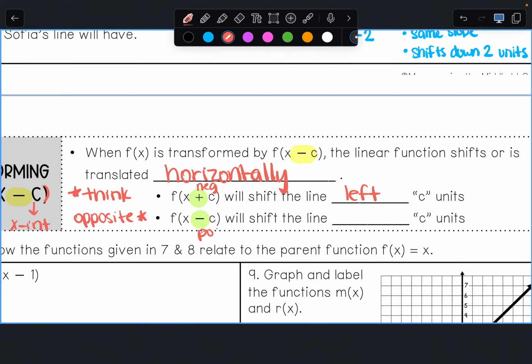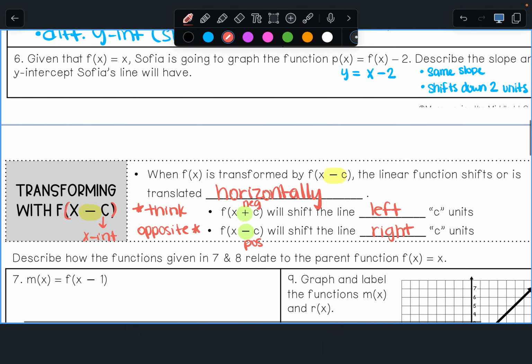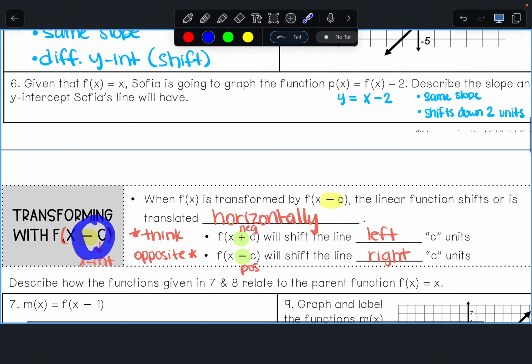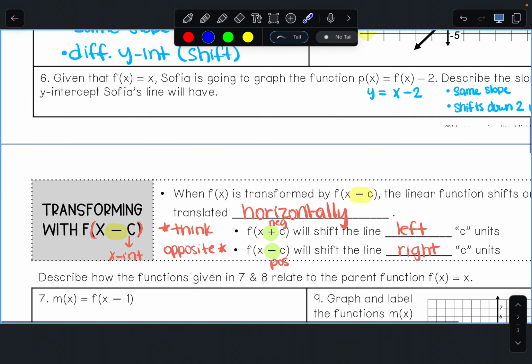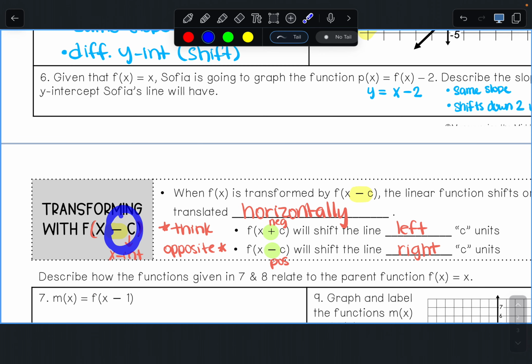A positive number, and a positive number will move it to the right. So, number inside of the parentheses moves it left and right. Number outside of the parentheses moves it up and down. Got it? Outside parentheses, up and down. Inside parentheses, left and right.